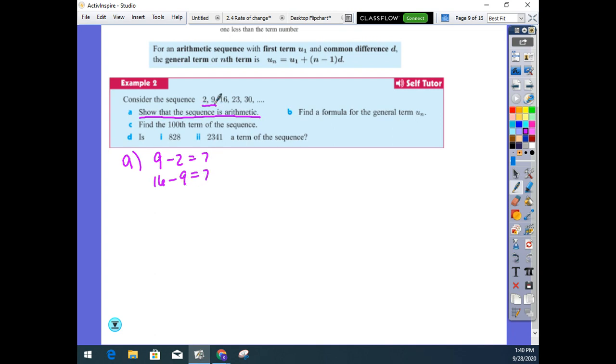I'm going to take each set of numbers and show that their common difference is the same. Therefore, the common difference equals 7, and it's arithmetic.